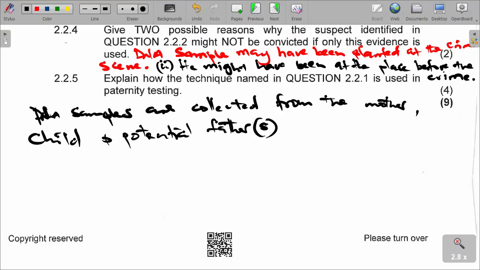And then DNA fingerprinting is performed on all samples to create unique band patterns.